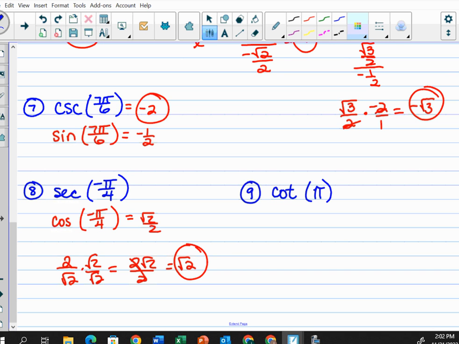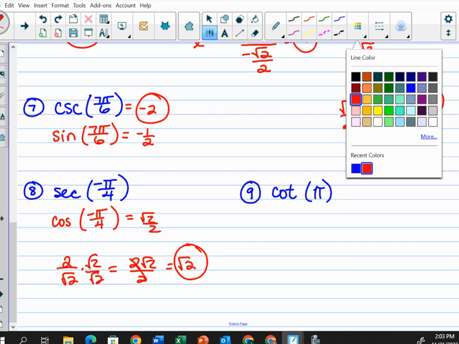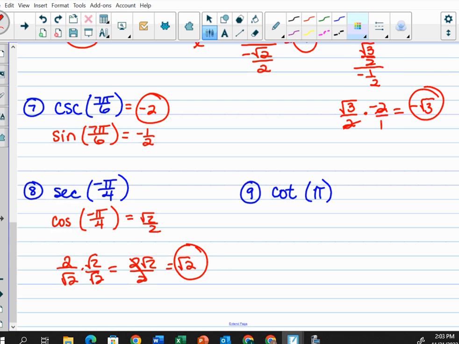All right, one more, guys. We've made it to number 9. Cotangent. This is it for the notes. I see what you did there.